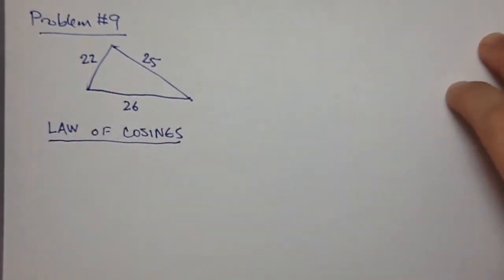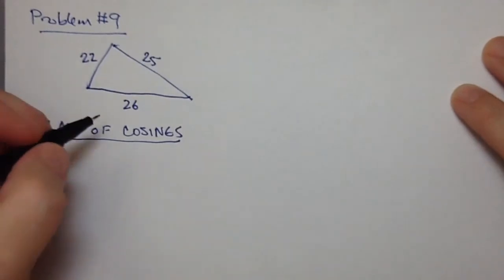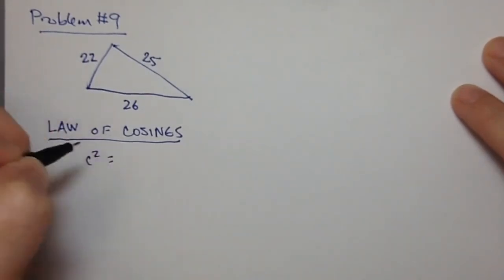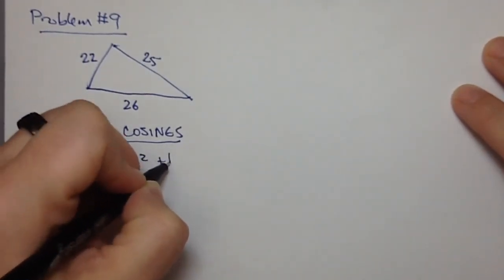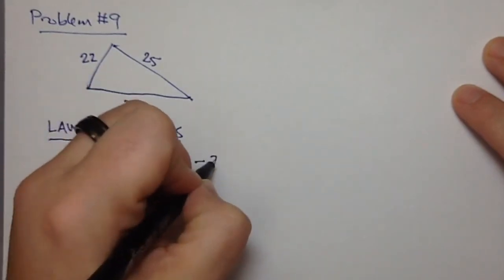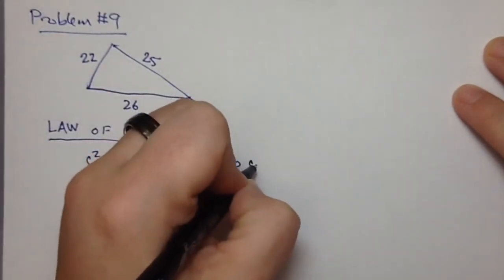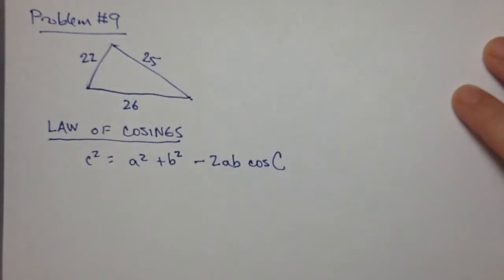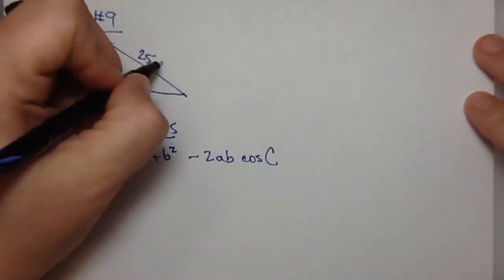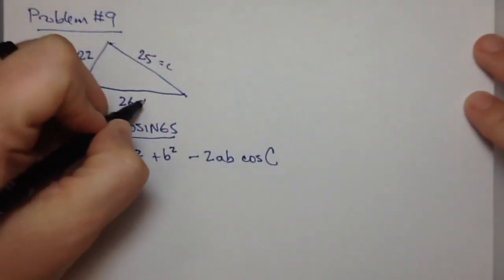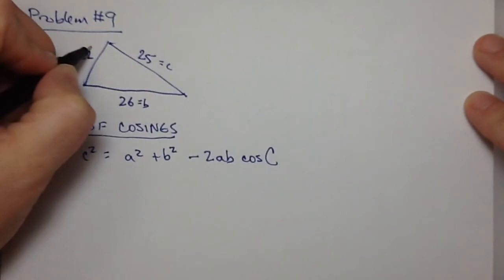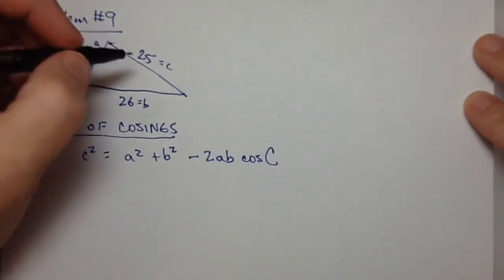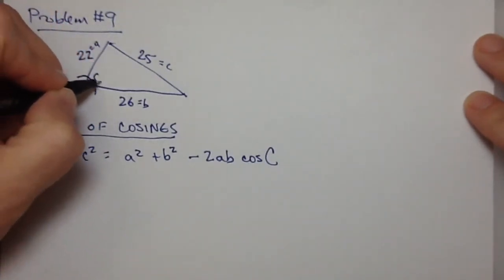Now remember, the law of cosines goes c squared equals a squared plus b squared minus 2ab cosine angle C. C is 25, this is B and this is A, so angle C is this one.